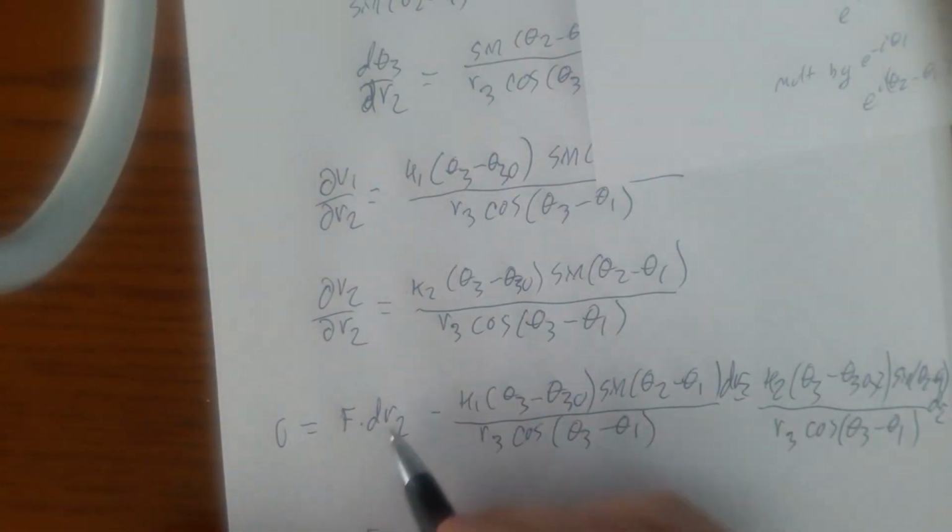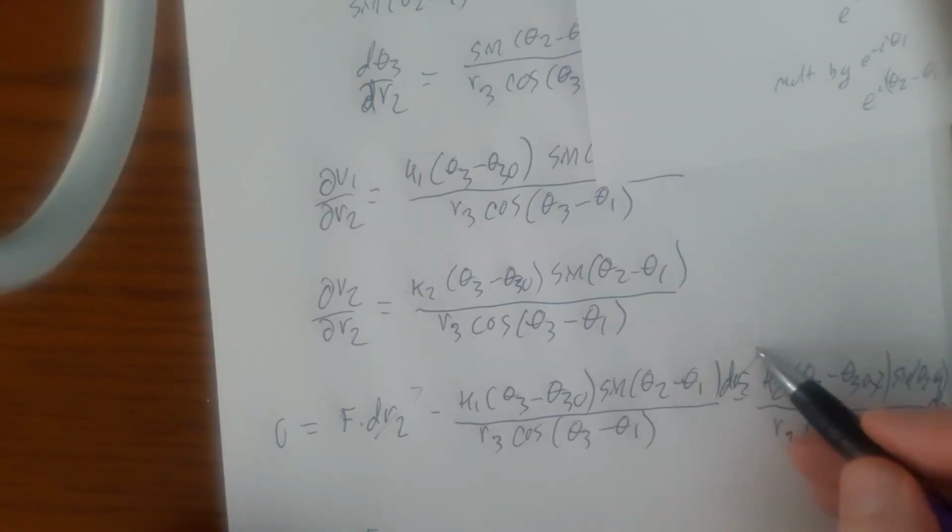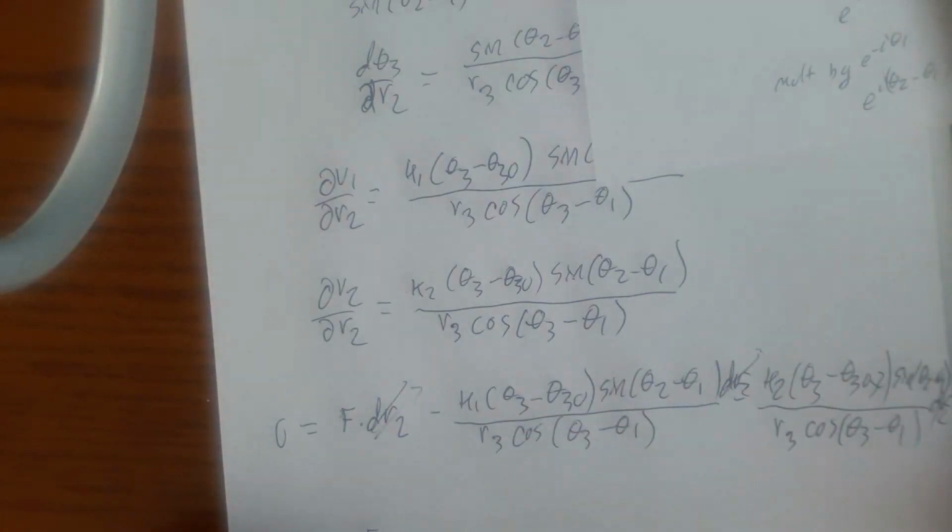And so the dr2 term can be factored out of the equation or divided out of the equation, and then we can bring the F to the other side, and we'll have F equals k1 theta 3 minus theta 3 naught plus k2 theta 3 minus theta 3 naught 2, and all that's multiplied by sine theta 2 minus theta 1, all divided by r3 cosine theta 3 minus theta 1. And that'll be our expression for force.